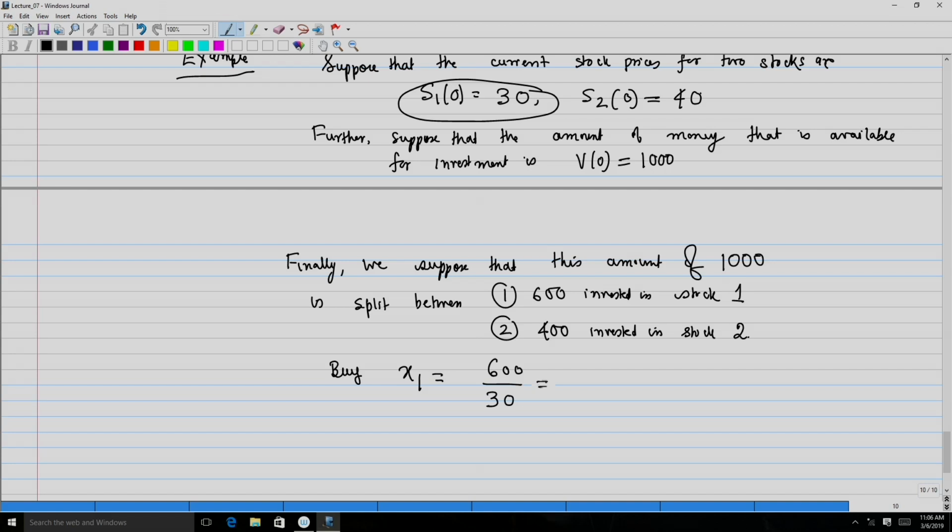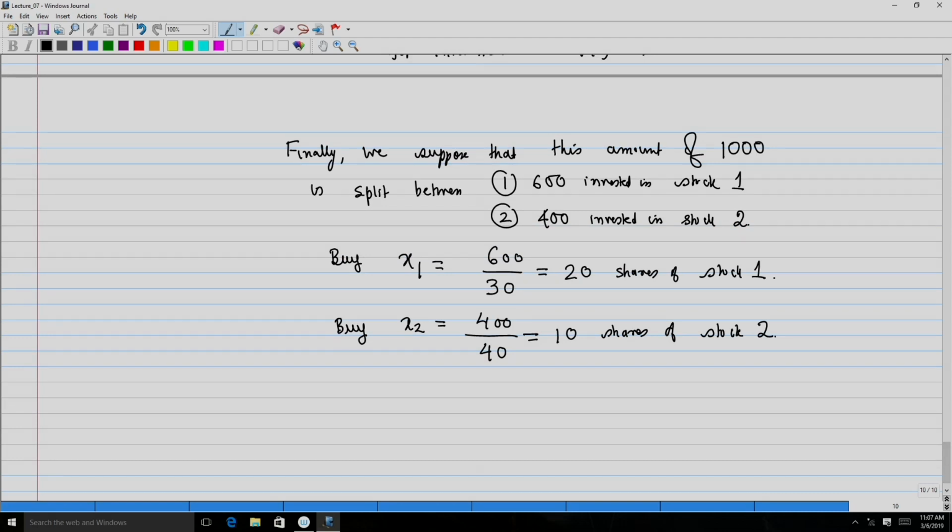So, accordingly, we can buy x1, which is 600 by 30, equal to 20 shares of stock 1, and x2 is equal to 400 over the price of each share, which is 40, is equal to 10 shares of stock 2.